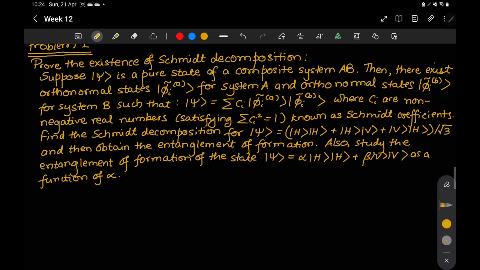This is the normalization condition, and these Ci are known as Schmidt coefficients.